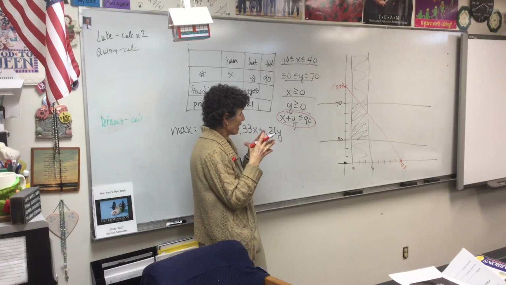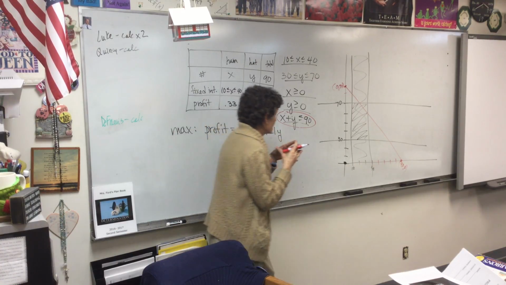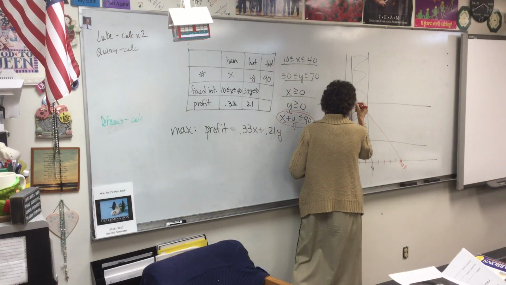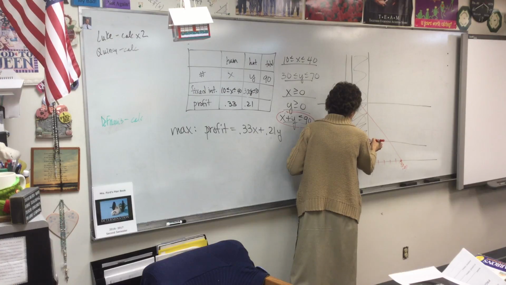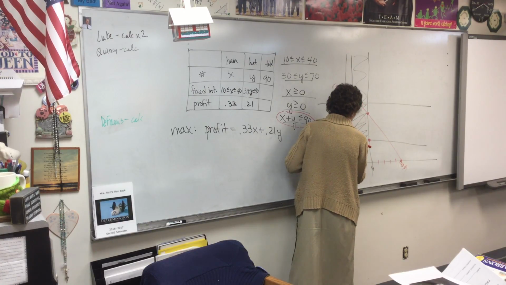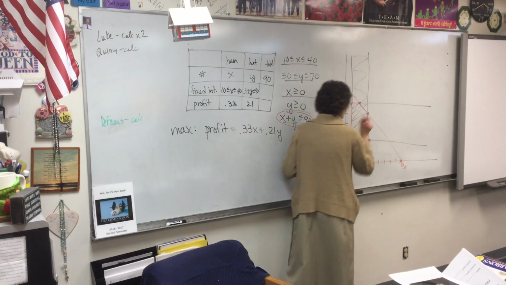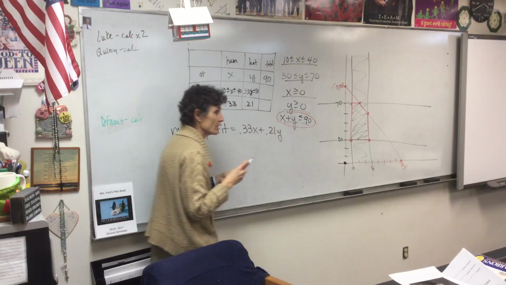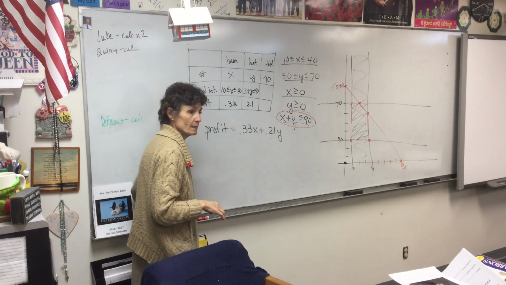So now we're confined to the box that's under the red line. So that's going to be this space right here. Would you agree with that? It's the part of the box that is under the red line.